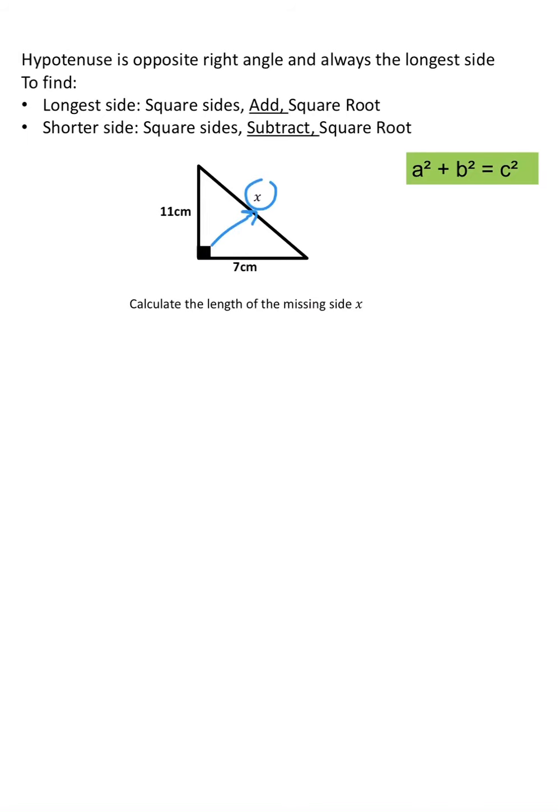So what we do is simply square the sides. So we'll have 11 squared and 7 squared. So we have 121 and 49. Next step then, we add them. So that is 170.